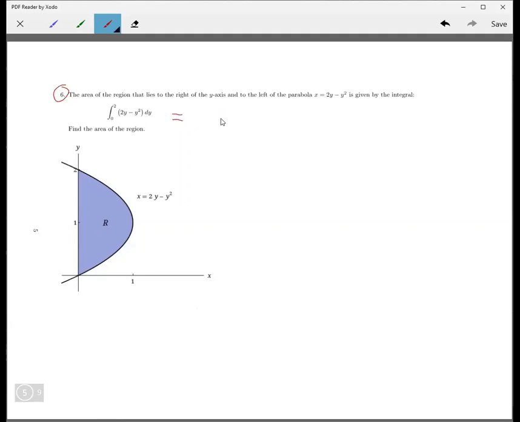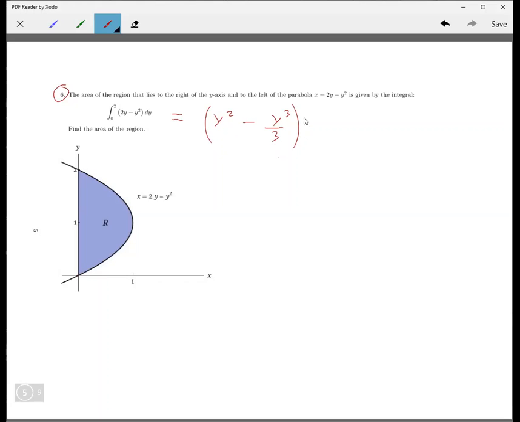Okay, so we'll go ahead, it just says find the area of the region. So the first part, it's y squared. Take the derivative of y squared, you get 2y, so that's great. And then the antiderivative of this would be y cubed. But you have a 3 coming down, so you can cancel that 3 with the 3 down there.